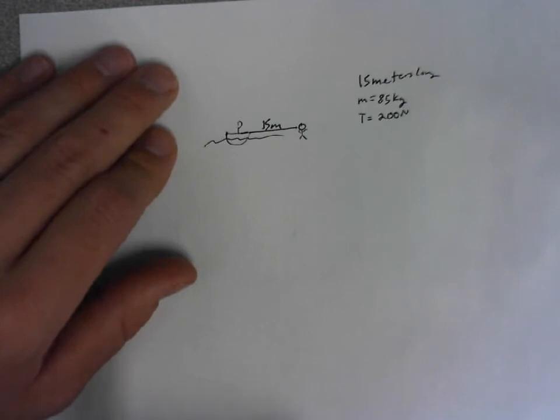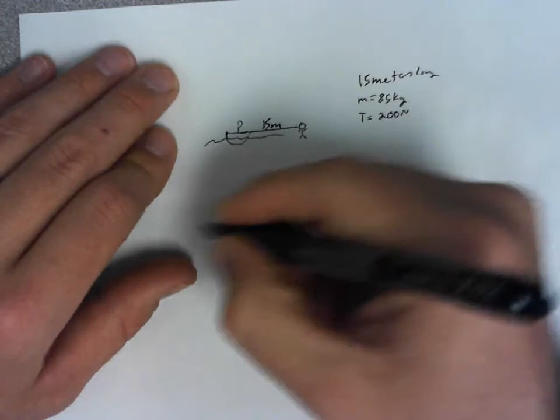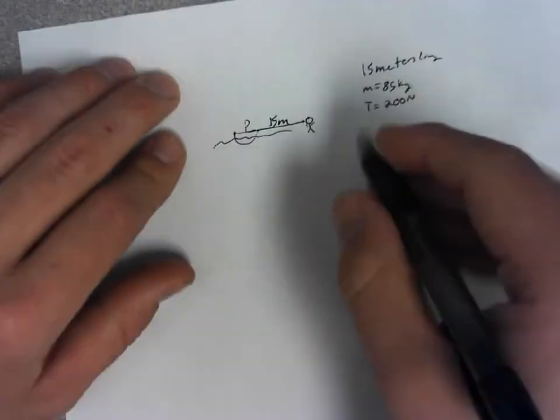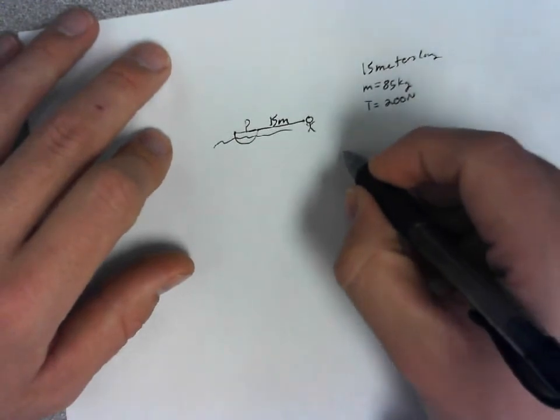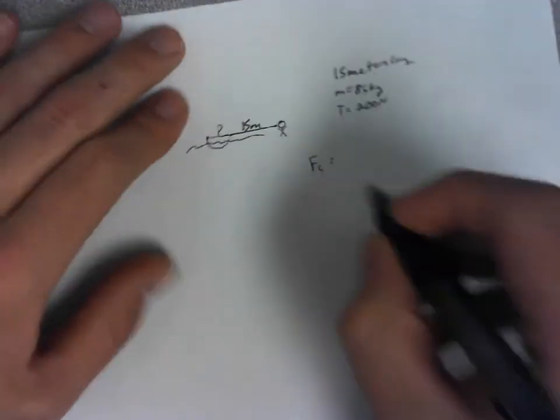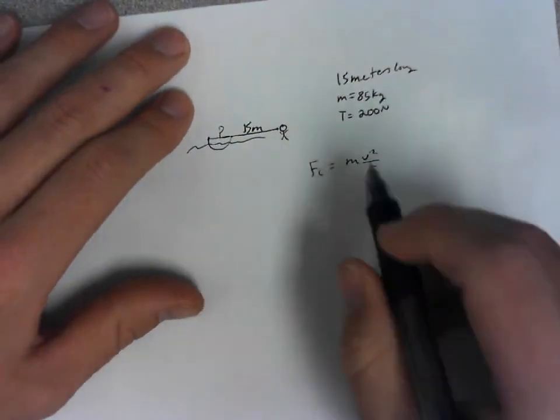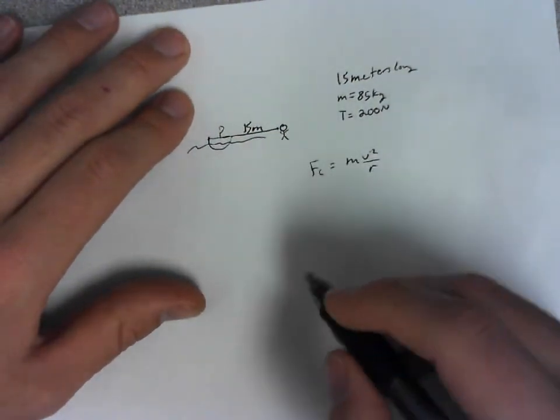Now, we assume in this case that he is being swung out to the side. So, let's look at this. My equation is mv squared over r. We want to solve for v. So let's just solve for v first.